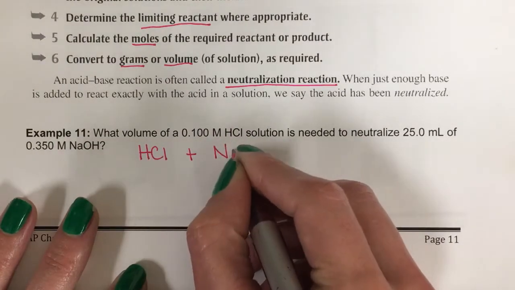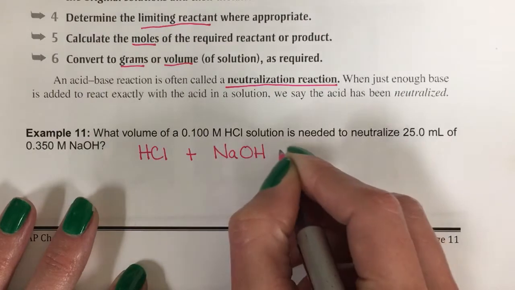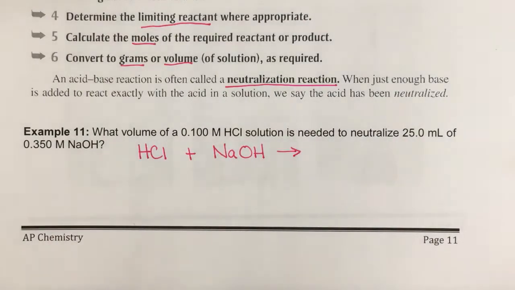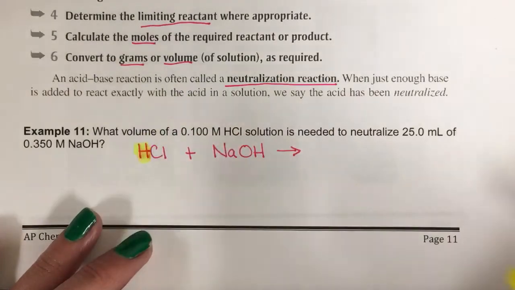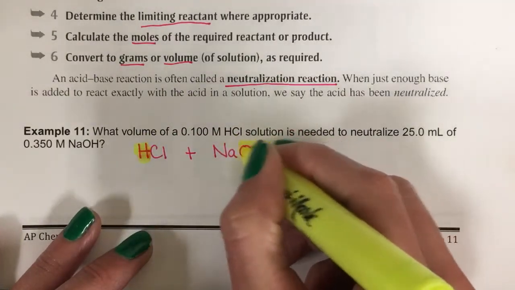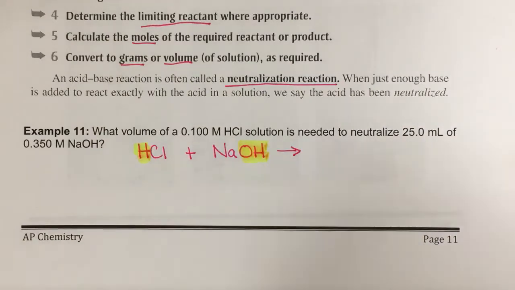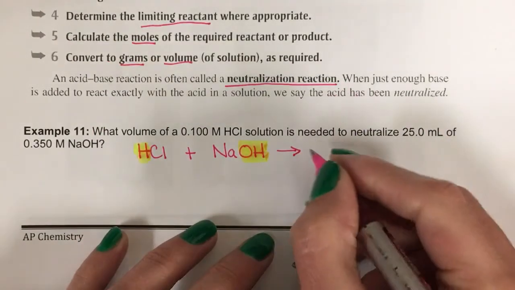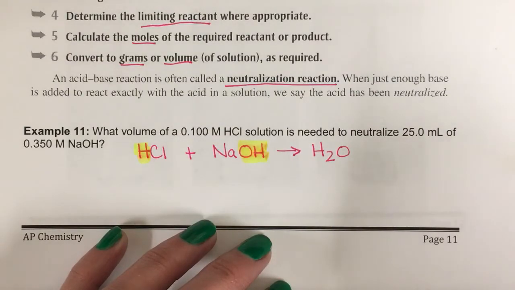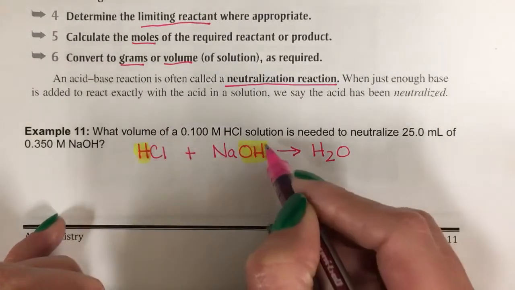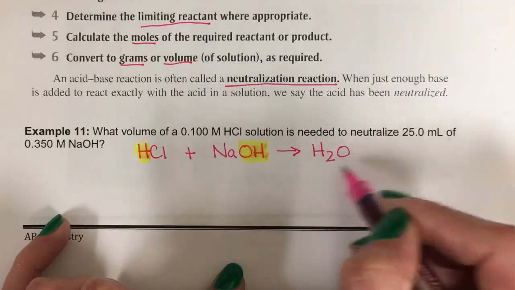So I've got NaOH. Now, in an acid-base reaction, the H from my acid is always reacting with the OH from my base. These are Arrhenius acids and bases, to form water. It's pretty easy to balance. 1 H+ plus 1 OH- forms 1 water.